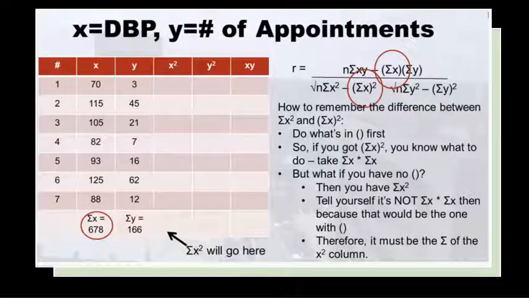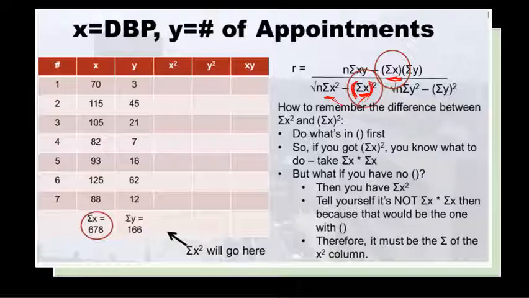So again, this and this is the same thing. Whatever you put here, you put right here. But it's not the same thing as this. These two are going to be different. The difference is that this is within the parentheses, so you have to make sure you follow the order of operations.